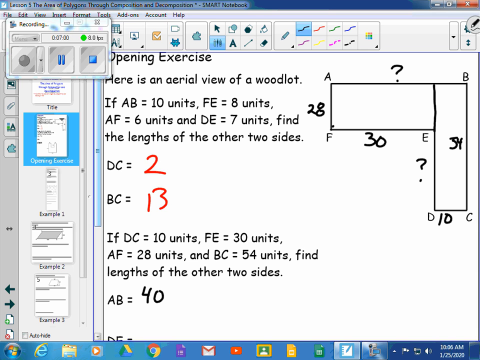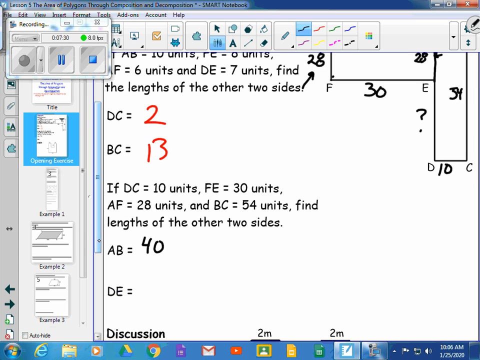It's going to equal the same as DE plus this extra part that we put right there. Now that extra part is going to equal 28 because it's the opposite of AF over here. I can find DE by subtracting. I know the whole entire side, and I know a part. To find the missing part, I can subtract. So I can take 54 minus 28, and that gives me a length of 26 units.